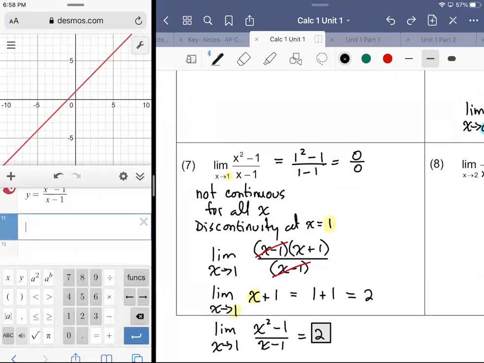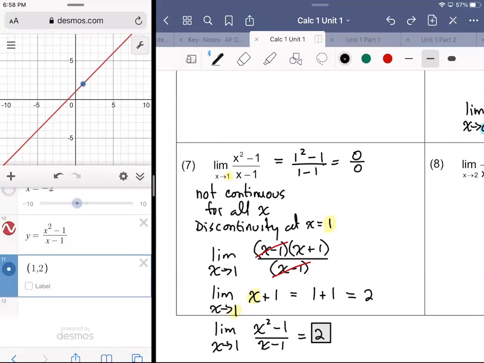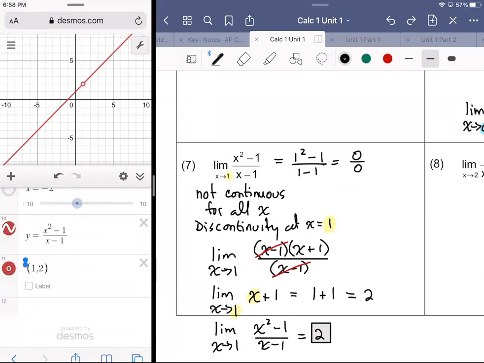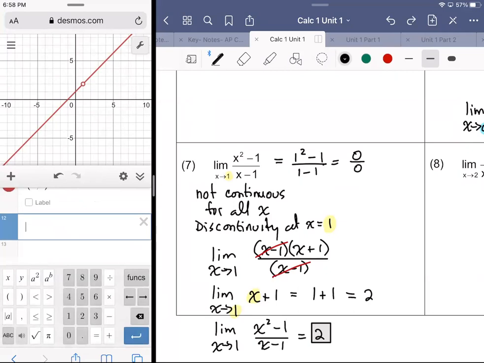I'll accentuate it by plotting 1, 2. Now, if I plot my simplified function, y equals x plus 1, you see that it fills the hole.